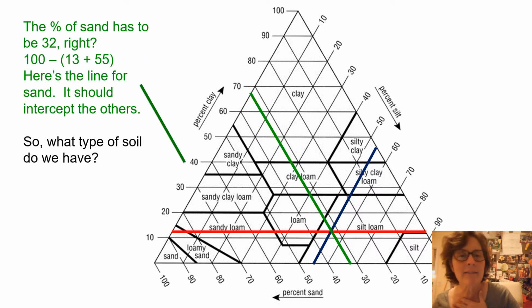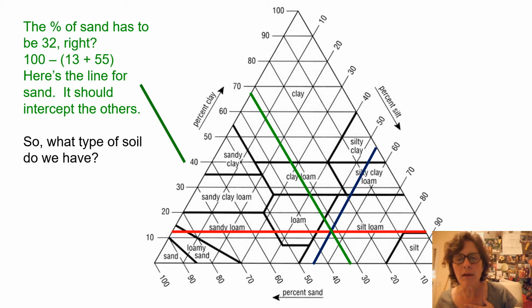The last line is sand, and by definition, it has to be the remainder of the soil, the particle size class. So in this case, 100% minus the combination of 13 plus 55 gives you, what does that give you? 32. And you can see that sand is measured along the bottom.